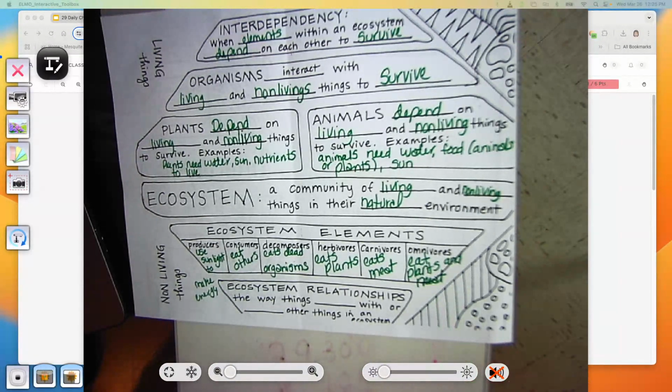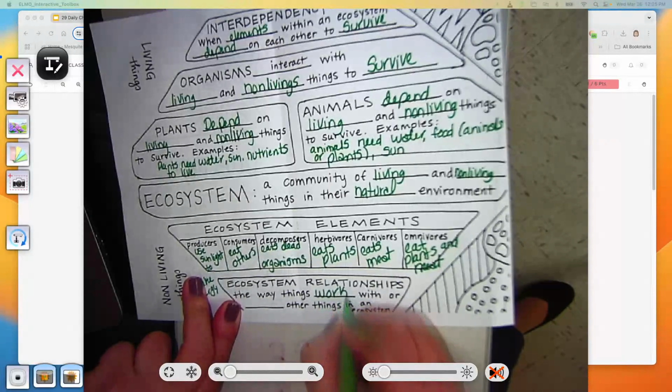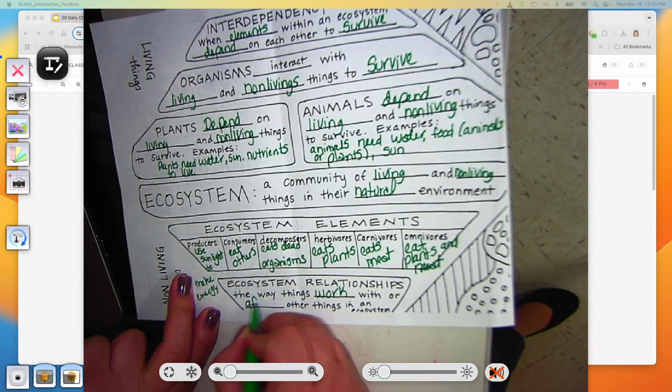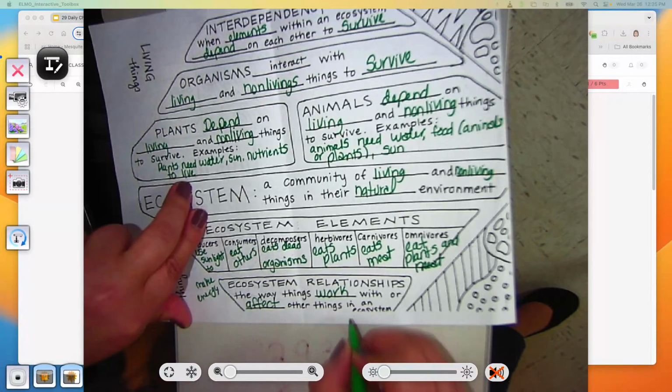So ecosystem relationships are the way things work with or affect other things in an ecosystem.